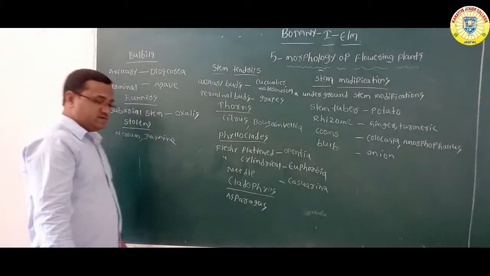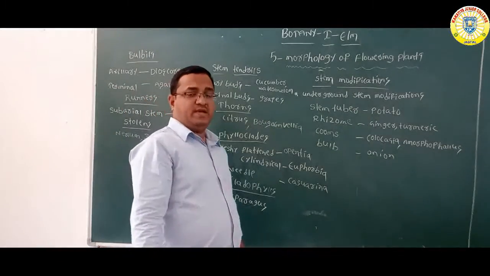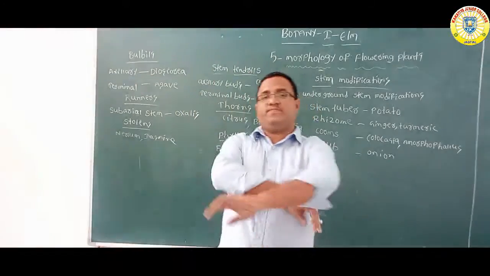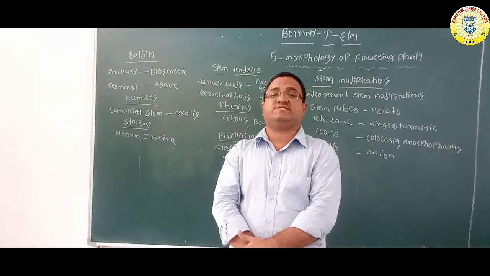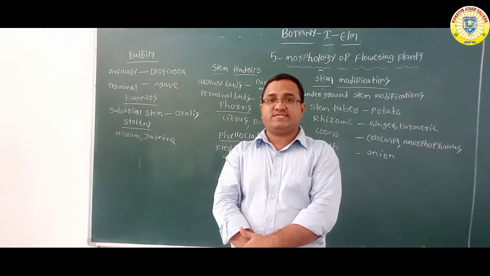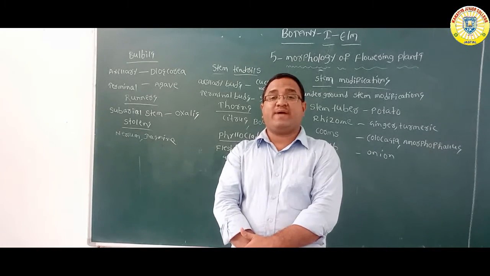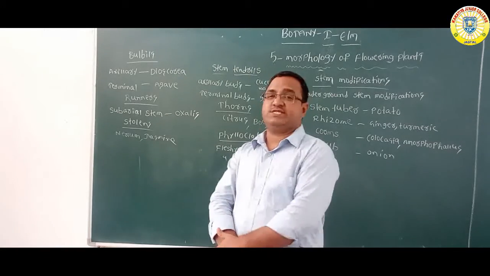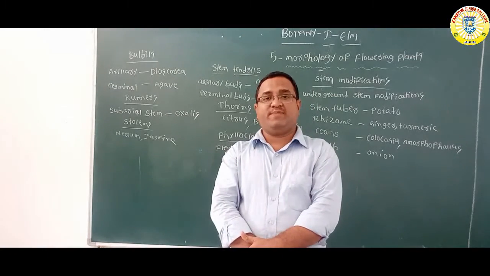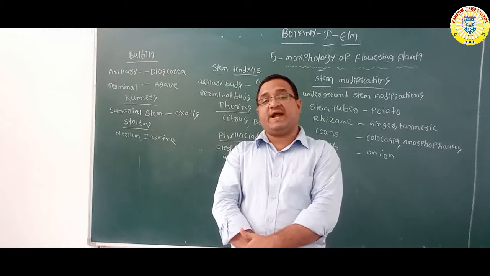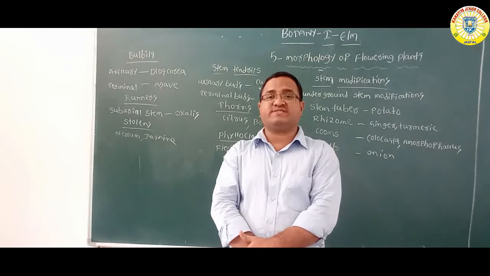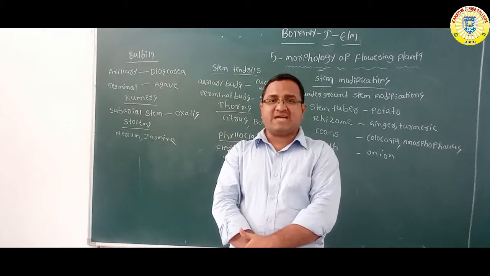In Nerium and jasmine, the lateral branches are called stolons. These lateral branches arise from the base of the main stem or main axis.